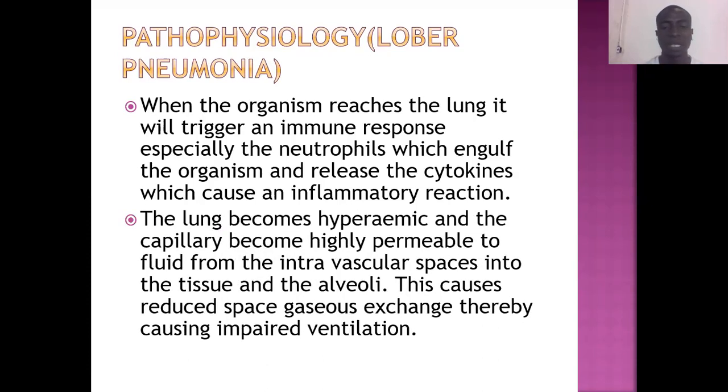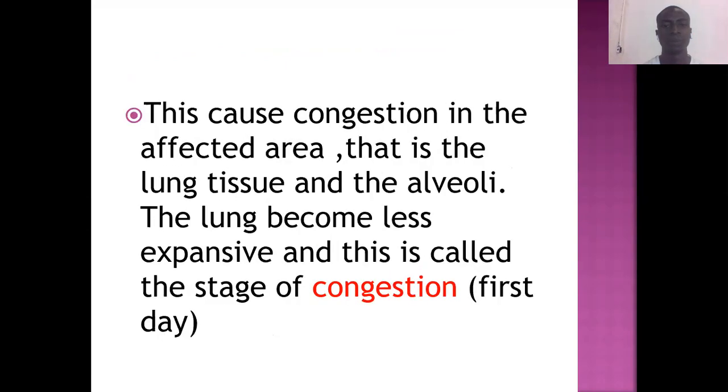The lungs become hyperemic, and the capillaries become highly permeable to fluids from the intravascular space into the tissue and the alveoli, which causes reduction in gas exchange, thereby causing impaired ventilation. This causes congestion in the affected area, that is the lung tissue and the alveoli.